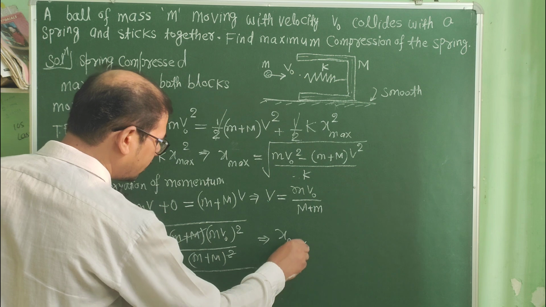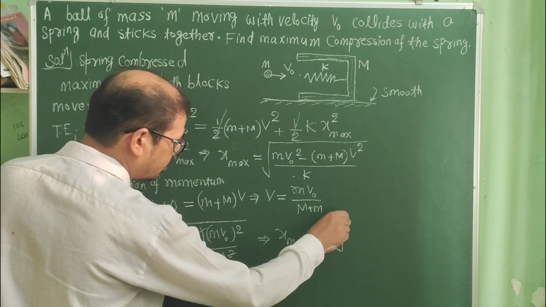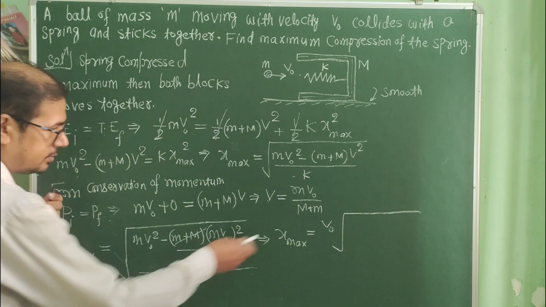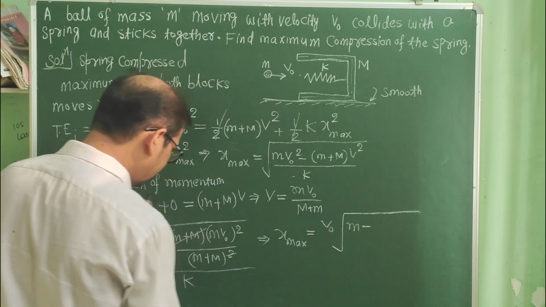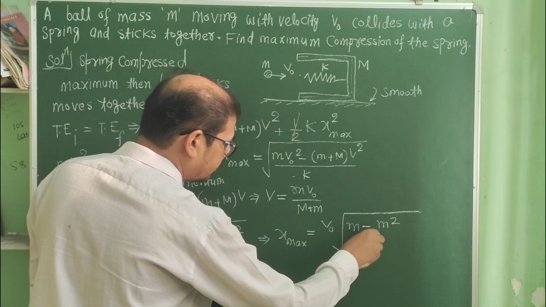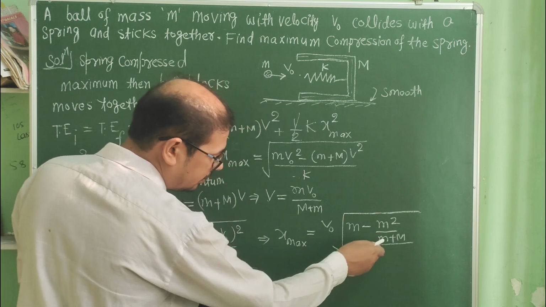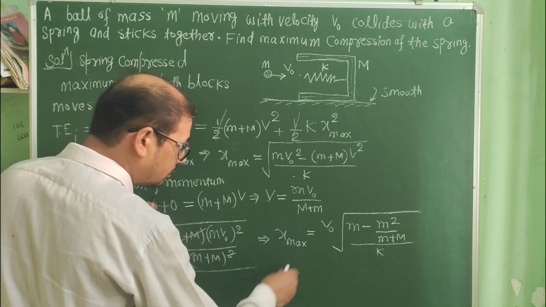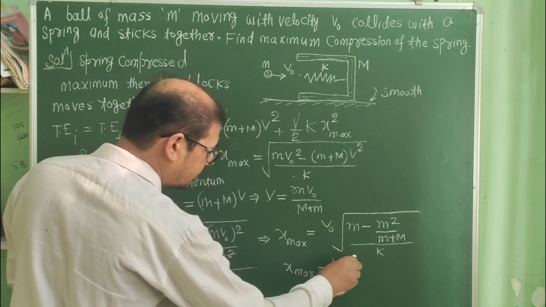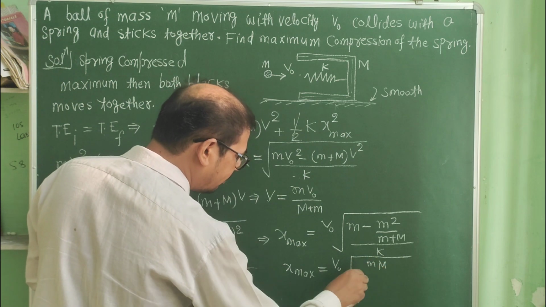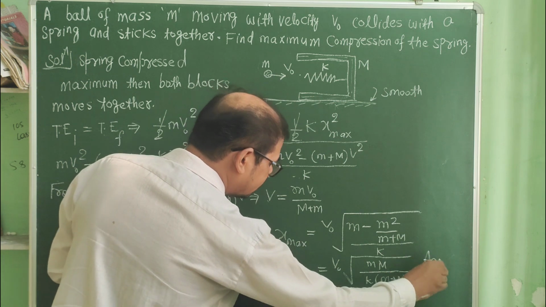X max equals, this is v naught square, and this is v naught square, so v naught comes outside the root. And here small m minus small m square divided by small m plus capital M, divided by k. After solving this, m square cancels. So x max equals v naught times the square root of small m capital M divided by k times small m plus capital M. After solving, we get this is the answer.